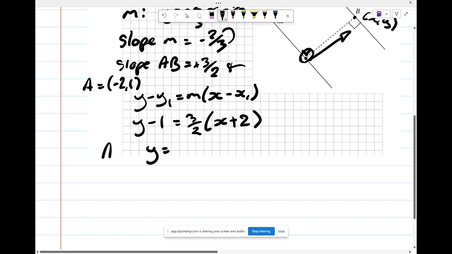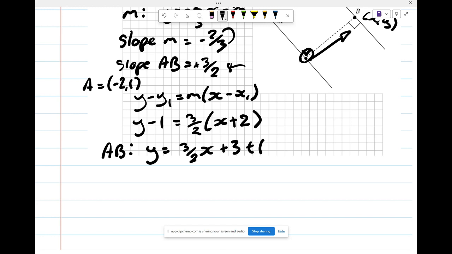So our equation for the line AB is going to be y equals 3 over 2x plus 3 plus 1. I just brought the 1 across and multiplied the 3 over 2 into 2. So that's 3 over 2x plus 4.